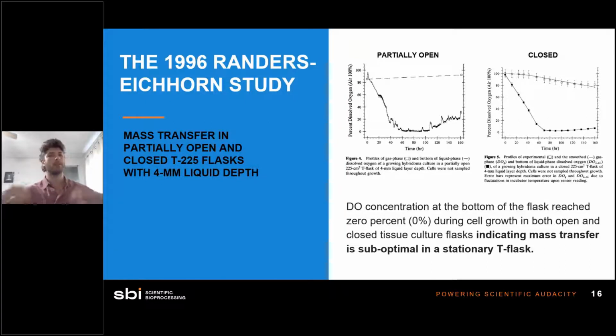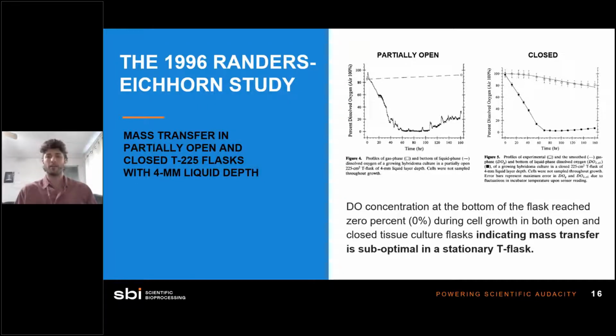The researchers wanted to test one of the common practices that people who use T-flasks employ, and I used to do this as well when I did cell culture. We had T-flasks stacked up in the incubator, and we thought, hey, if we crack the lid, it'll help the cells become more oxygenated because it'll let in the environment in the incubator. But this is just something you couldn't really test. You just thought logically this would work.